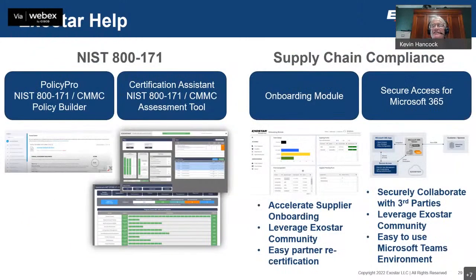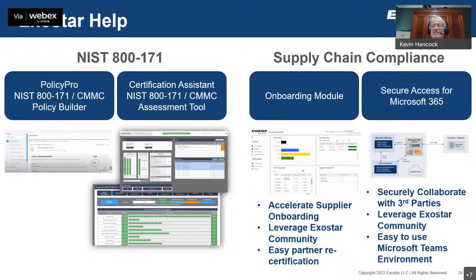This is kind of where you need to be today. We at Exostar can help you get there in a few different ways. We have 2 applications. These are SaaS applications that allow you to get started down the 800-171 path. We have Policy Pro, which lets you build those policies, right? It gives you examples and the first steps in building those different policies you need to write to enable those 110 controls.